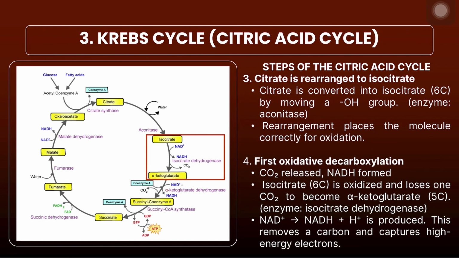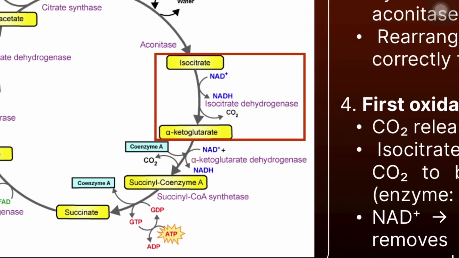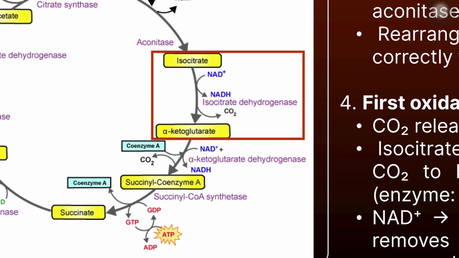So the next step is the first oxidative decarboxylation. In this step, the isocitrate will be oxidized, and it loses one carbon atom as carbon dioxide. The enzyme isocitrate dehydrogenase will carry out this reaction. Because of the isocitrate dehydrogenase, we lose a carbon dioxide.